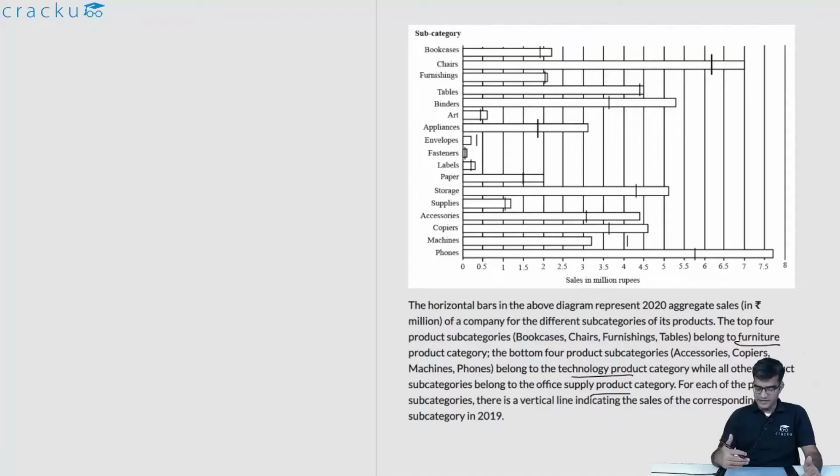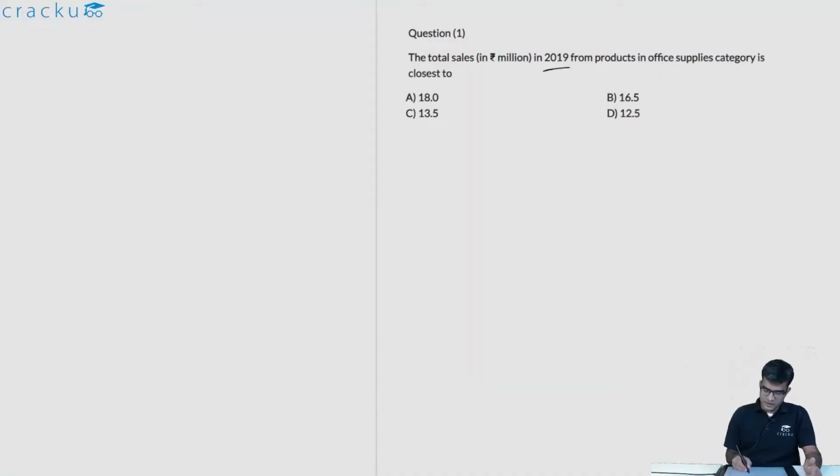Normally, if you look at the diagram, one of the first decisions you have to take is whether we have to actually write down the data for each one of them. That is, for the 17 categories across the 2 years, should we actually read the chart and figure out the number in 2019 and 2020. If you look at the first question, we are told the total sales in 2019 in office supplies. That would require us to look at the middle 9 numbers for 2019.